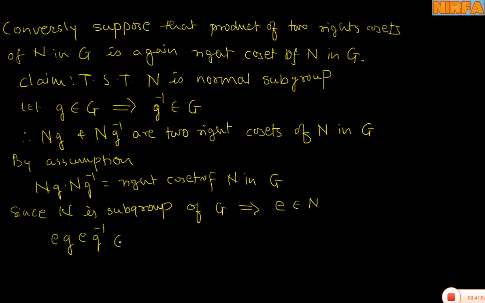This element belongs to N, g inverse. According to the identity and inverse law, the product of these four elements is nothing but e. Therefore, e also belongs to Ng inverse.